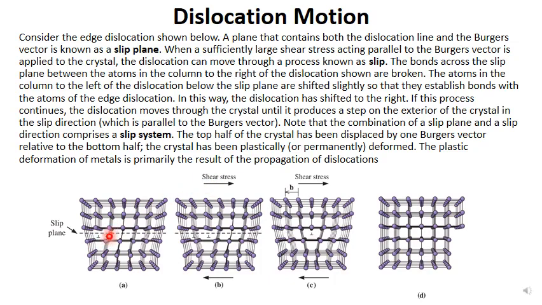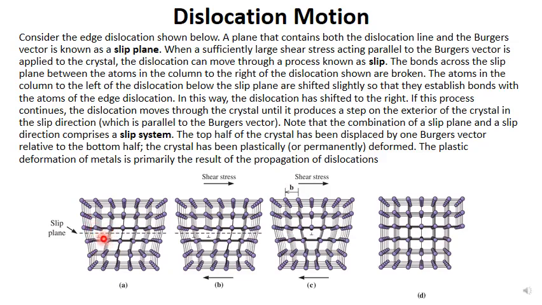So what's going to happen is, under the effect of shear stress, the bonds between this set of atoms here and this set of atoms here will break, and new bonds between these atoms and these atoms will be established.